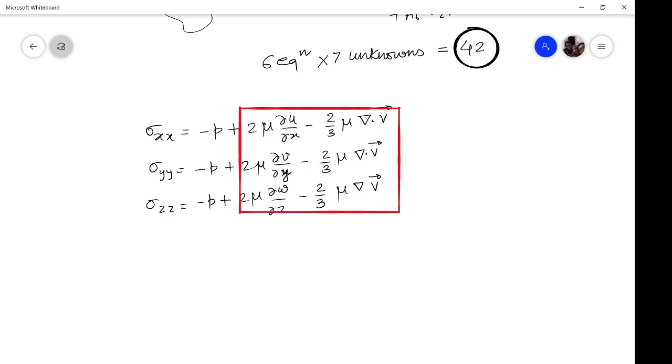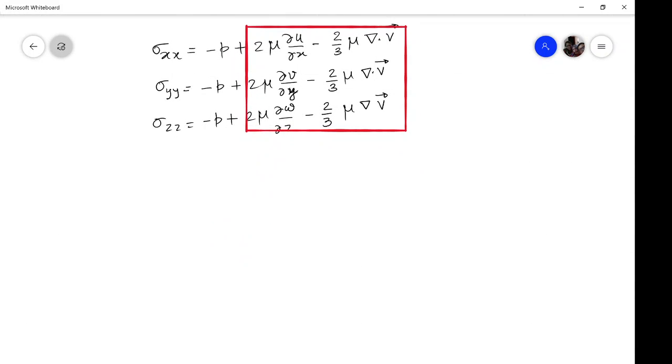And that's why we said that if this equation can be reduced to a hydrostatic condition, then that is very good, because that is what every fundamental equation should reduce to. So now we'll be replacing the values of sigma xx, sigma yy, and sigma zz in the equation of sigma. But this is not all. We have to find out the shear stresses also, tau xy, tau yz, and tau zx.